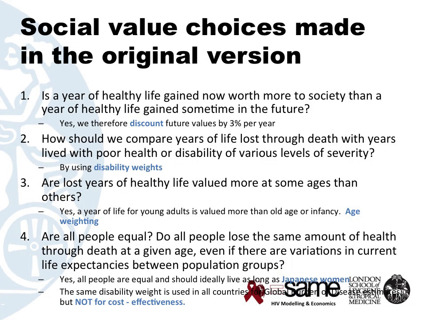And are all people equal? Do all people lose the same amount of health through death at a given age, even if there are variations in current life expectancies between population groups? So DALYs tend to be calculated as something to avert from an ideal life expectancy. The longest living population are Japanese women.